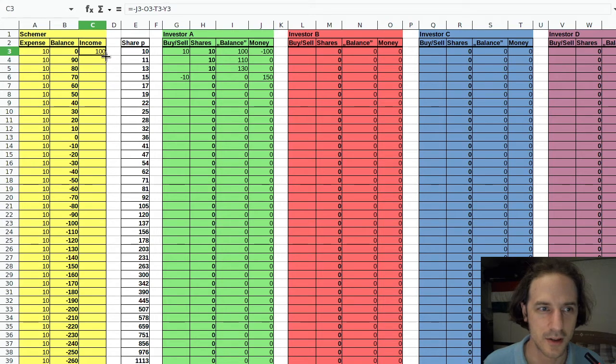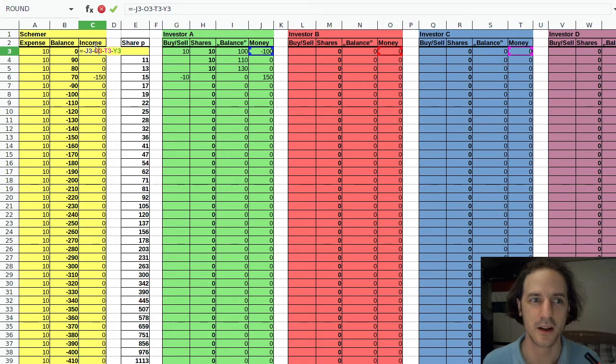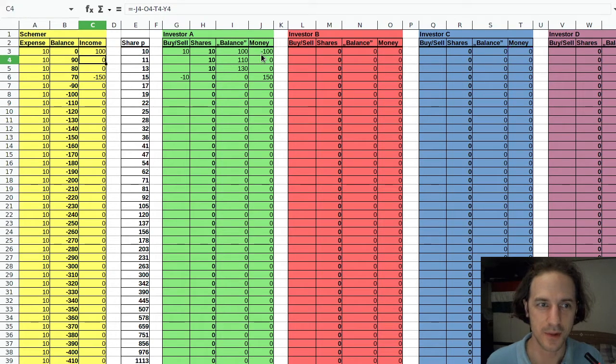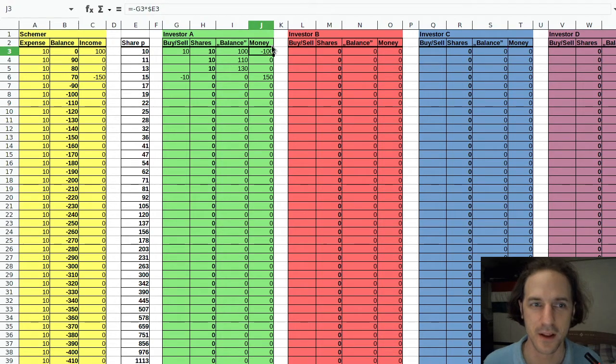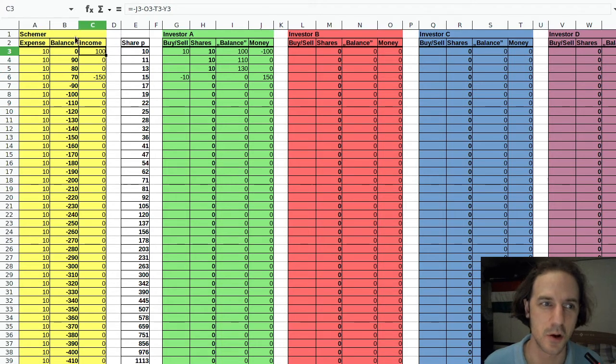But our schemer's income here is basically the negative of the sum of these 4 cells here. So whenever someone loses money, so to say, so the first investor puts in money that goes into the checkbook or the wallet of our schemer.